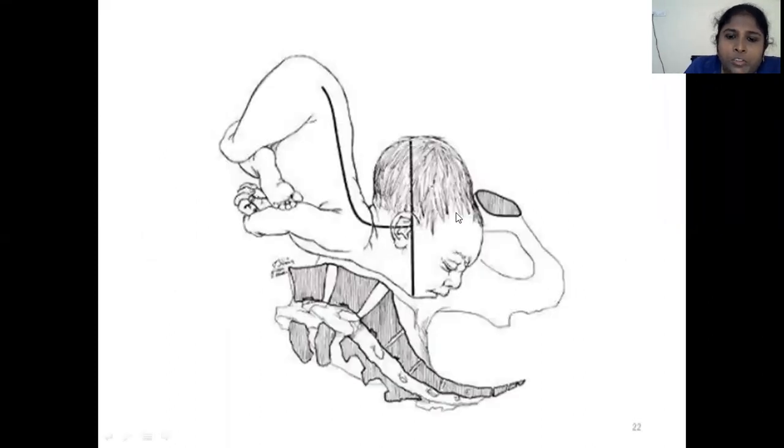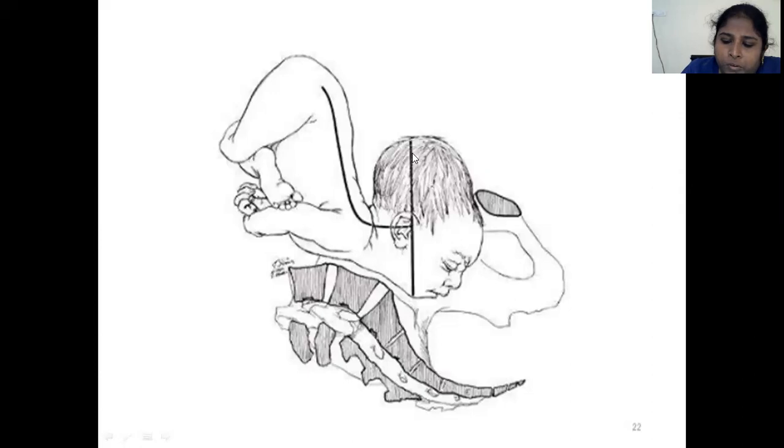Here in this picture, you can see this is the face presentation and the chin is the presenting part. So excessive molding has occurred and the presenting diameter is submentobregmatic. That is, mentum means chin, from below the chin to the anterior fontanelle, also called bregma.